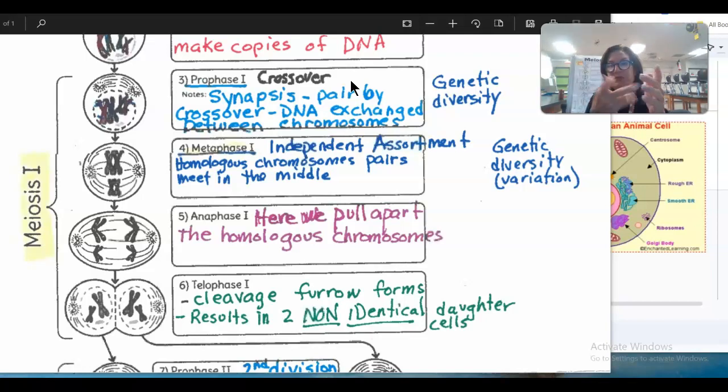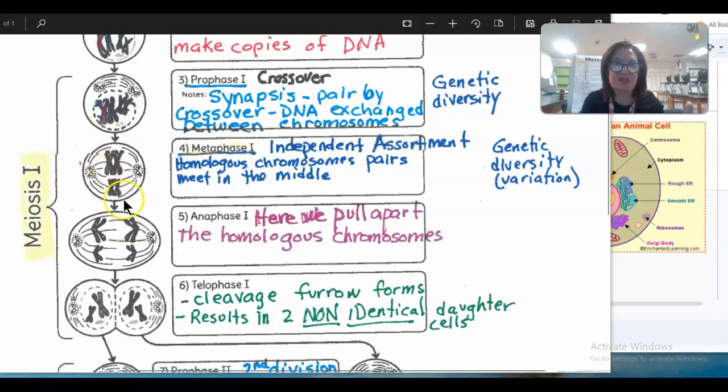So one chromosome could flip over and match with another one or whatever. We're not really sure. So if you look at the image here, it's not exactly like mitosis because we are just dividing the chromosomes, right? The full-on chromosomes. That's all we're doing in meiosis 1.